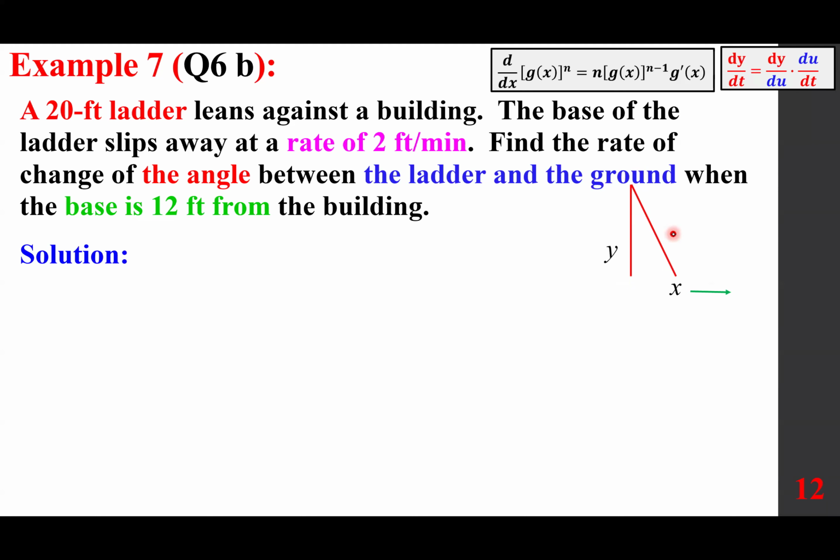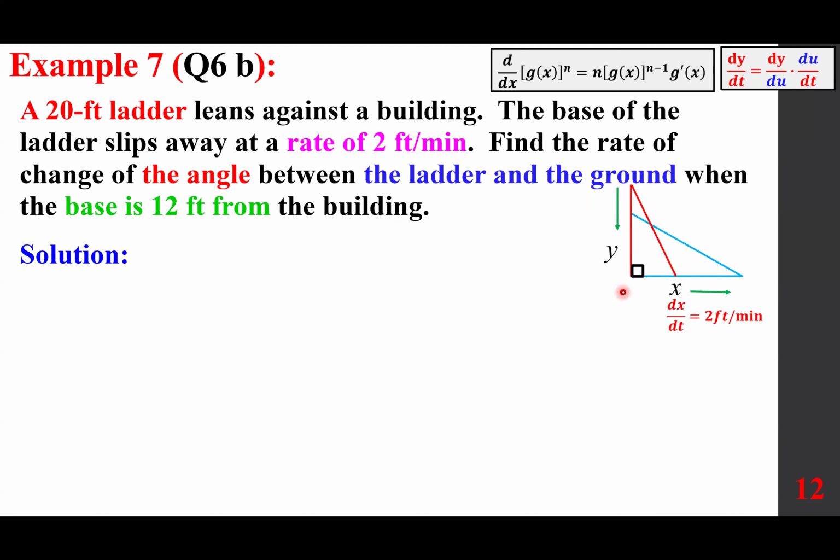And as it moves this way, it creates a speed or rate of 2 feet per minute. And it creates the shape, a right triangle. And this moves this way, the height moves down.